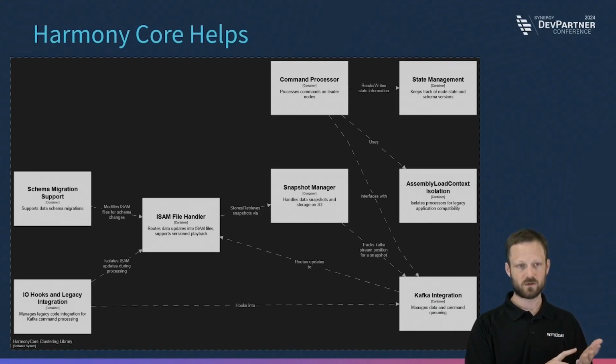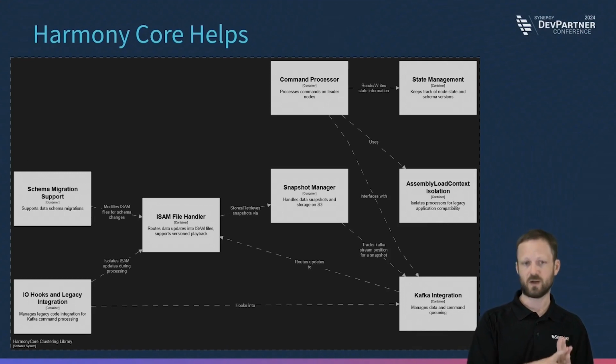So those are bundled up, all of our ISAM files at a point in time. They indicate where they start in the Kafka stream. So if someone is a brand new node, they've never seen our data before, they go unpack that snapshot onto their local disk, and then they start reading the replication queue from Kafka at the point the snapshot indicated.